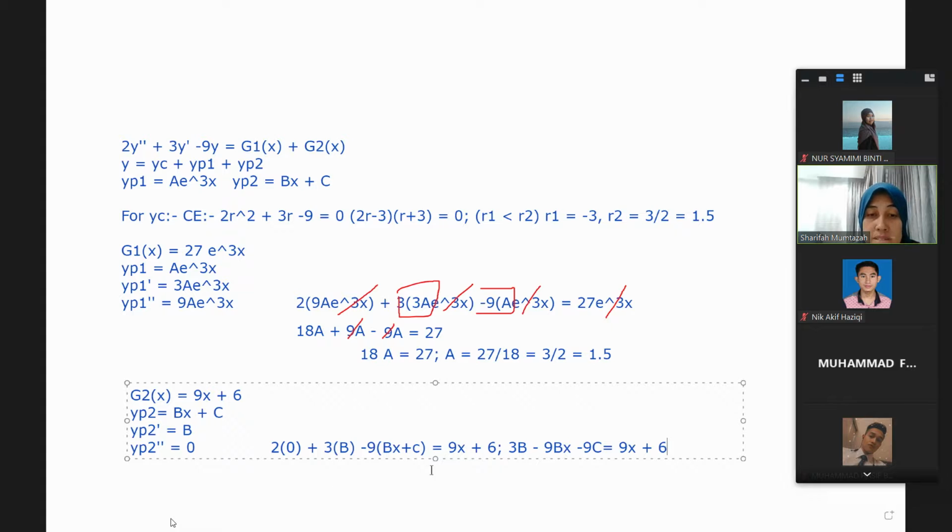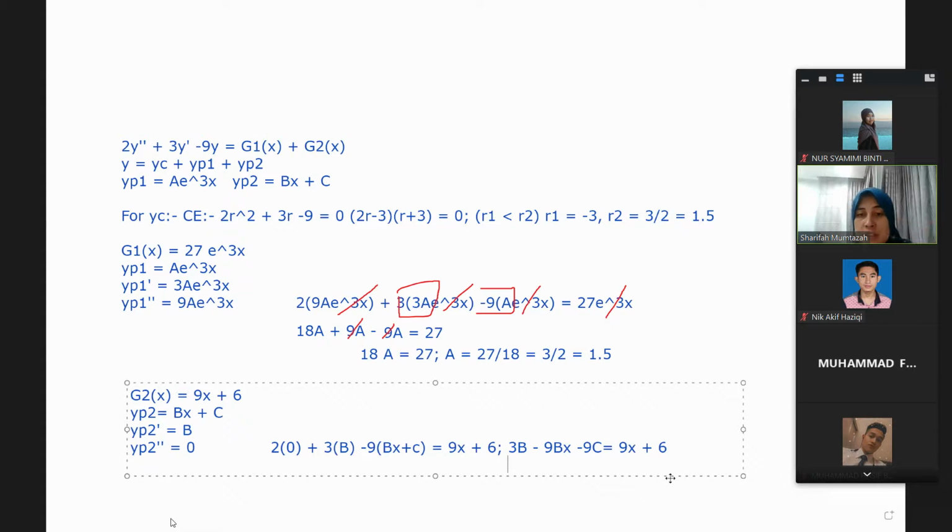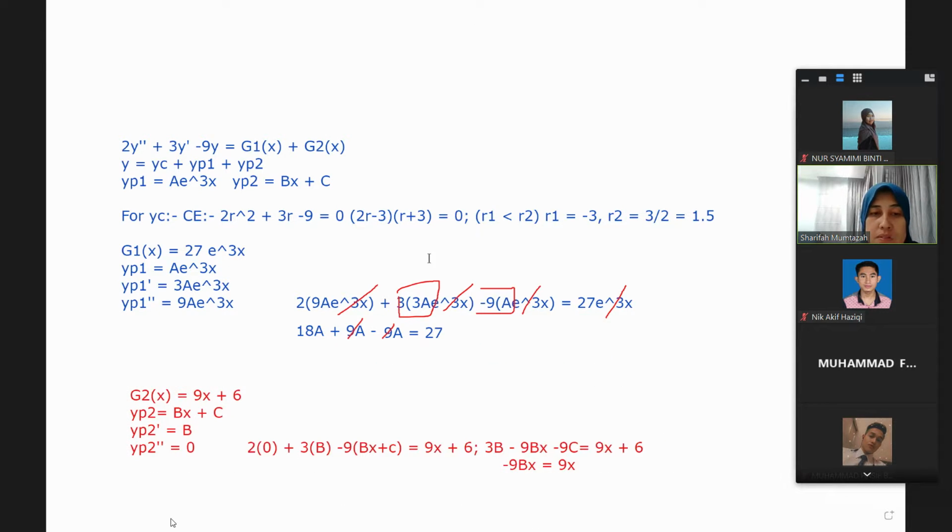Betul? So here we're going to do x first. Minus 9bx is equivalent to the x on the other side, which is 9x.